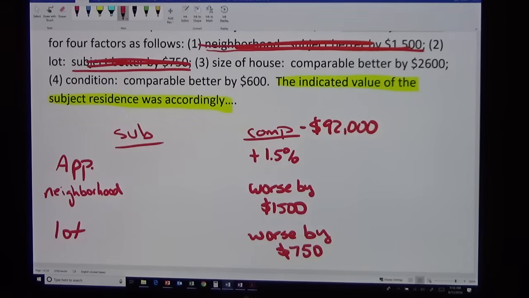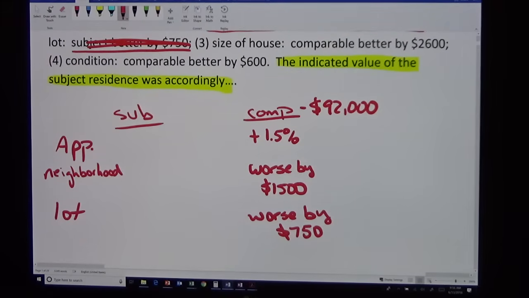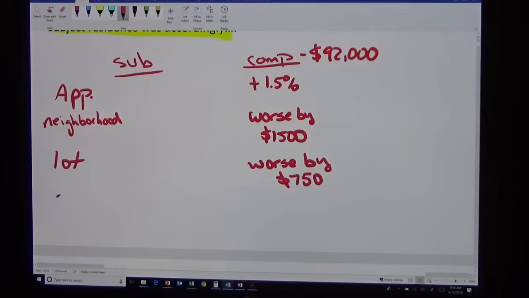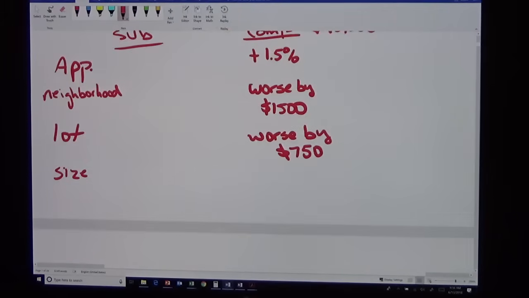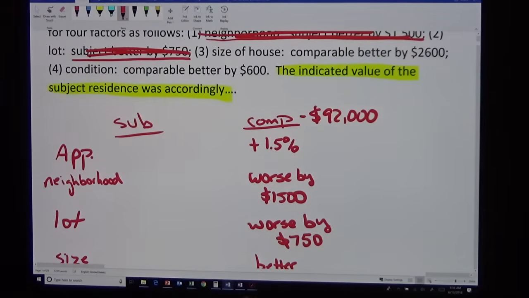Number 3, size of the house. So we're adjusting for size. I'm going to put size here. And what they tell us is that the comparable is better by $2,600. So that's it. Since it's stated as the comparable, I just need to write it in. Better by $2,600.